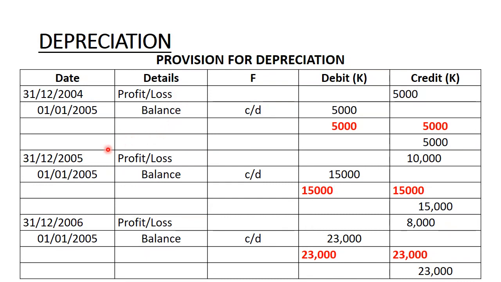So at the end of the following year, we have two vehicles together giving us 10,000. If you go back to the calculation for depreciation, in the second year, the total for both vehicles was 10,000. So this 10,000, we add it to this, we get the total 15,000, and these are the balances.